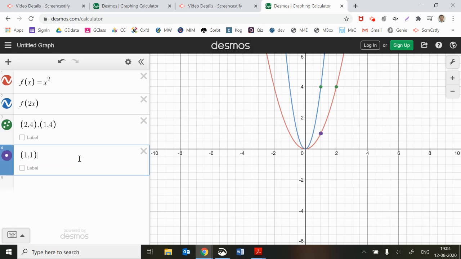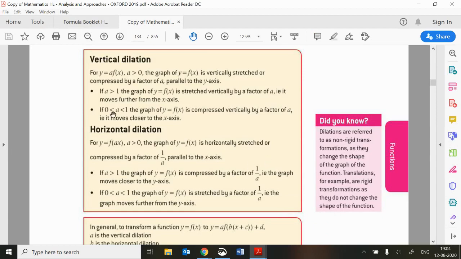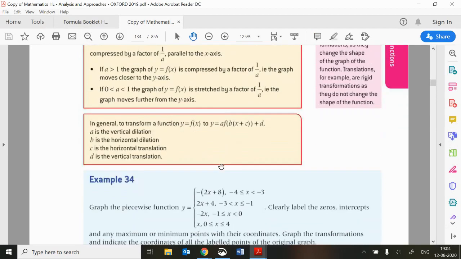If you see it as a vertical stretch instead, by doing f of x is equal to 4x squared, then the 1 stays the same, but the y value gets multiplied by 4. So it depends on how you look at it. So that's why I didn't take f of x is equal to x squared. Okay, I'm going on a bit, but hopefully there's a useful point. And you can obviously read all this through as well, but I think we've gone through enough there.